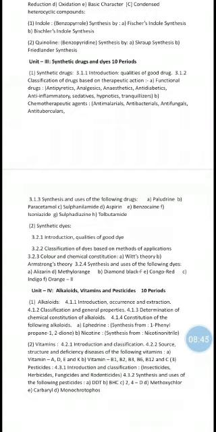And the dyes to be covered are diamond black F, alizarin, methyl orange, indigo and orange second. All these dyes are used to color our clothes, to color various materials, and there are many purposes.